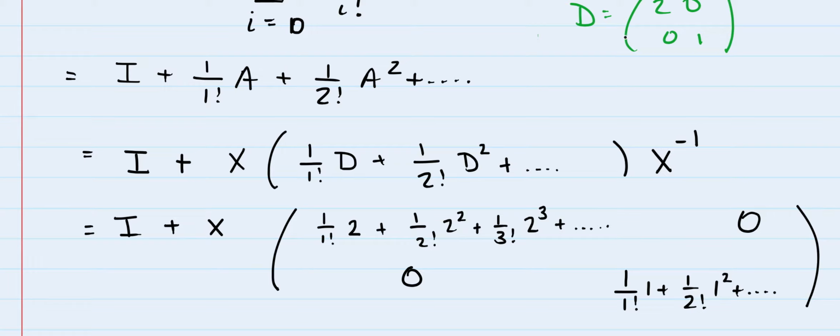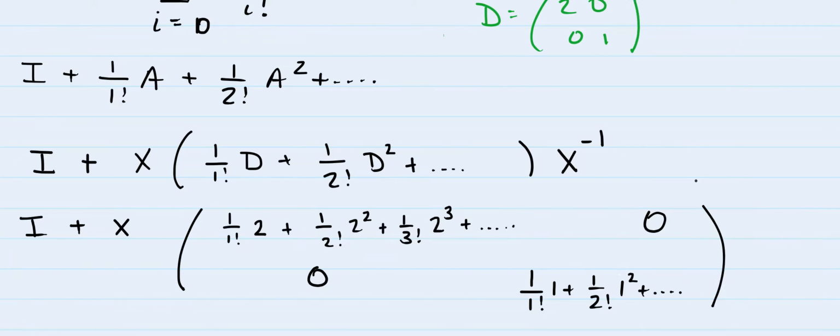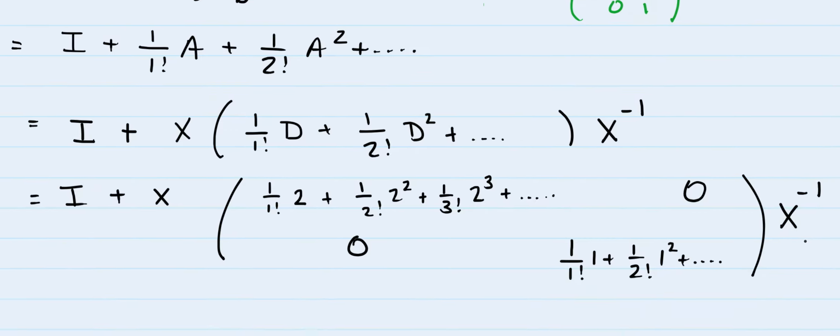Do you see what I'm doing here? I am taking the matrix D, and notice that this is a scalar that can go in, so 1 over 1 factorial times D would be 1 over 1 factorial 2, 0, 0, 1 over 1 factorial 1, and then this one would be 1 over 2 factorial 2 squared, 1 over 2 factorial 1 squared, and since we're adding them, we just put it all on the same line. And then we put the X inverse on the back.